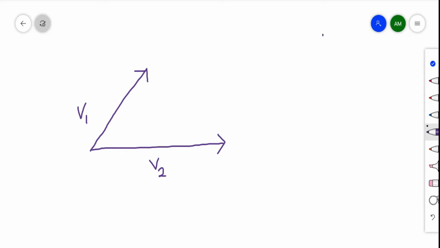Now, as per the parallelogram law, if you want to find the resultant or the sum of these two vectors, first you need to construct two parallel lines, one parallel to V2 from the tip of V1 and one parallel to V1 from the tip of V2. So first let us construct them.